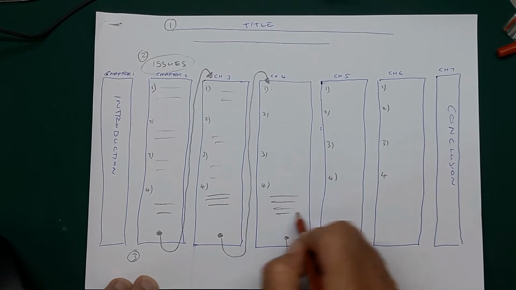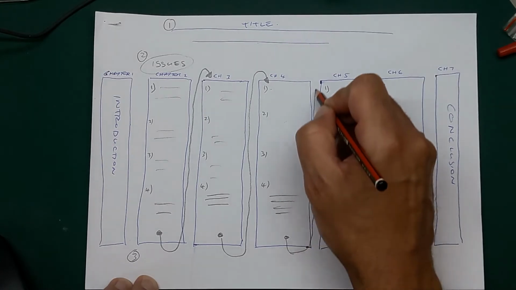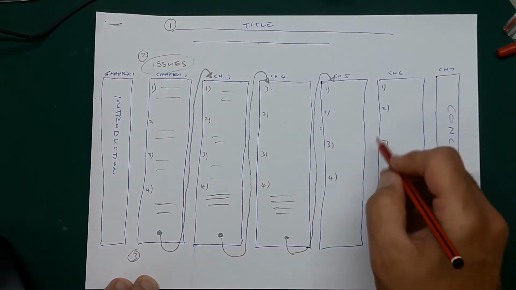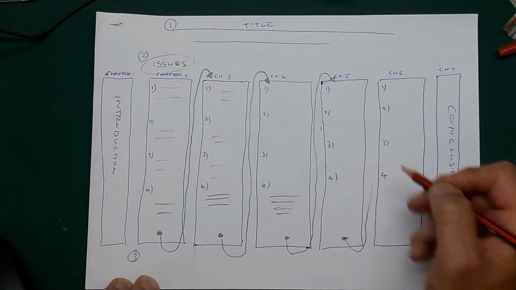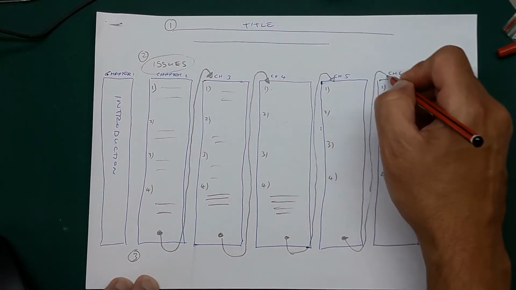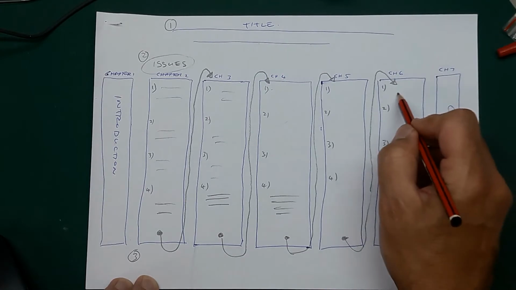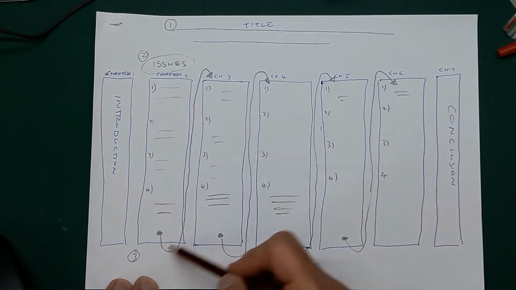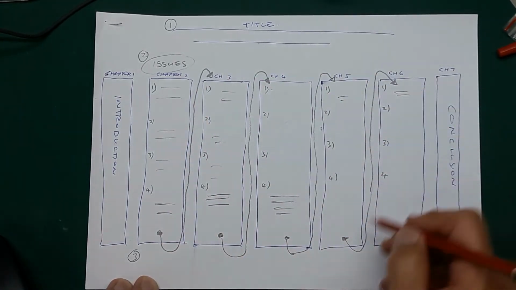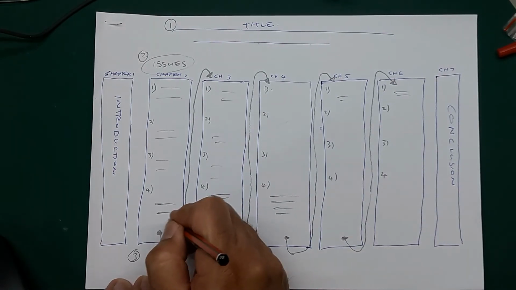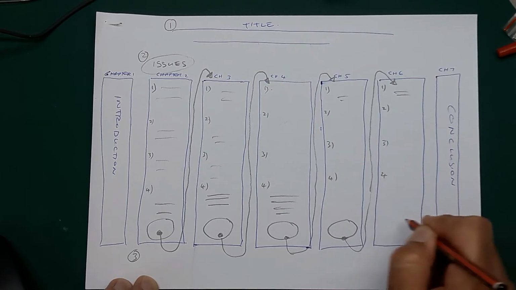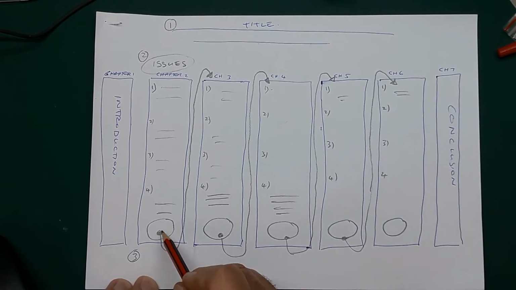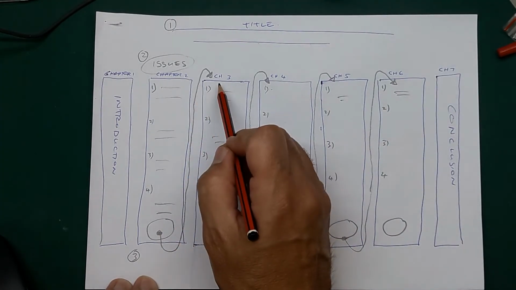This issue should be linked in some way to that issue. This issue should be linked in some way to that first issue there. Okay, so the question is, how are you going to link this? And you may perhaps just write a short note here at the bottom to explain how you will move over from this question to that question.